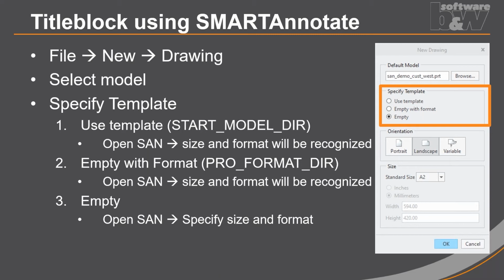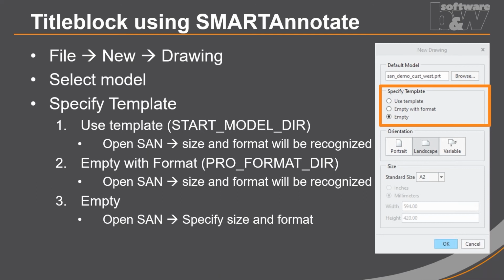In the first two cases, when he uses a template or uses empty with a format, if this format or the template has been created with SMARTAnnotate, SMARTAnnotate will recognize size and format automatically. In the case you leave everything empty, then you can open SMARTAnnotate later and specify size and format.